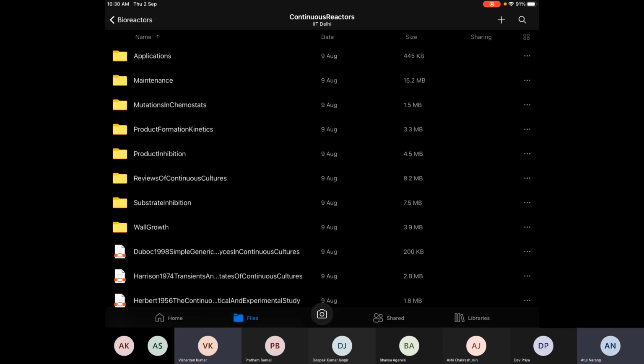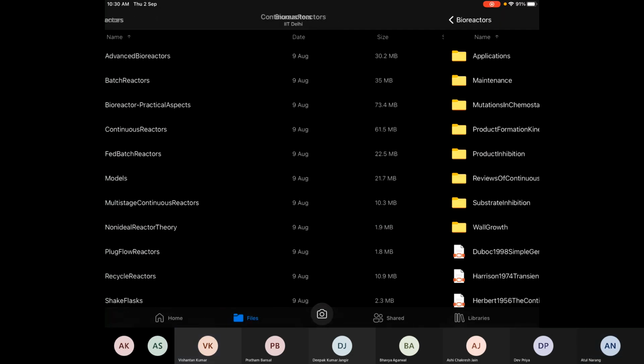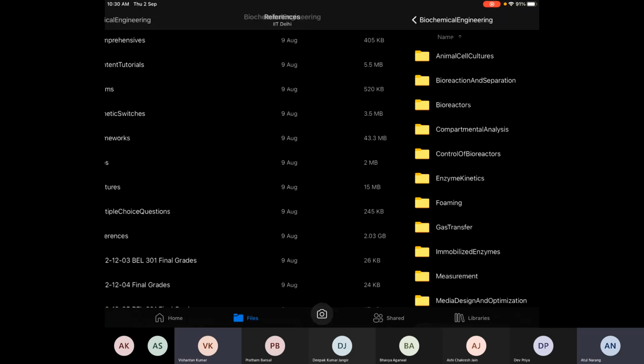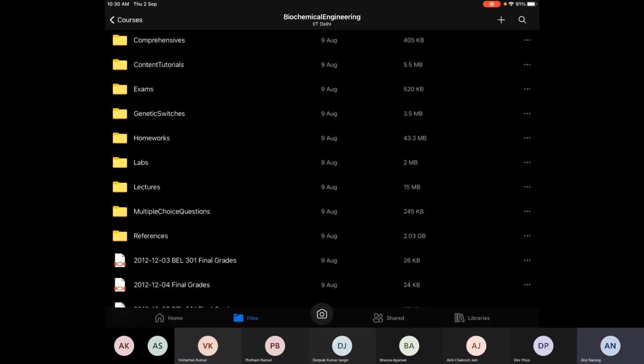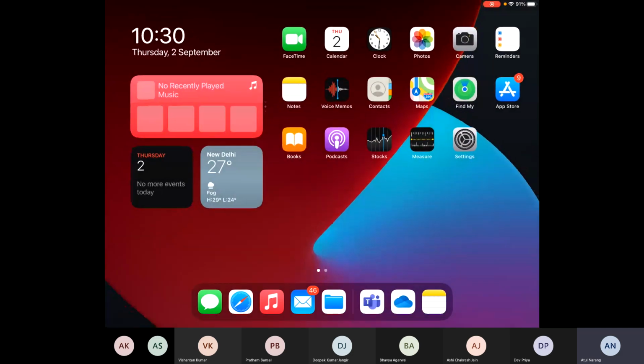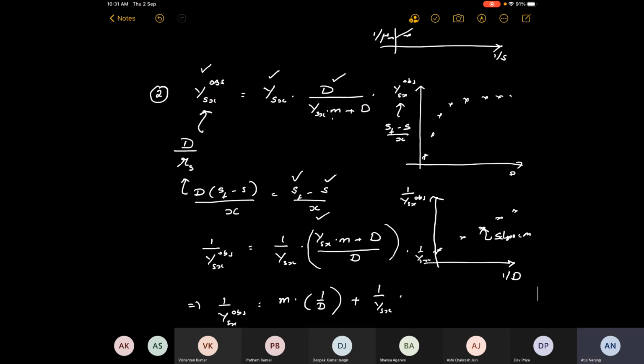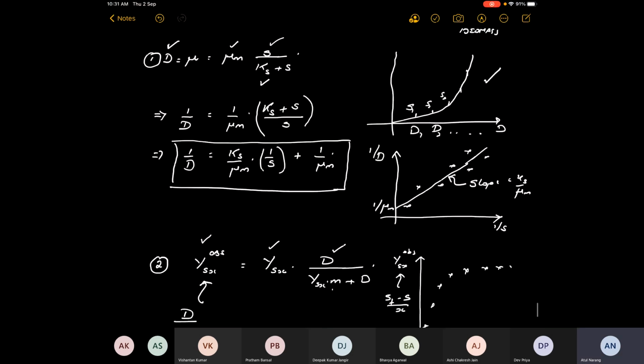Okay, I have 2 points to mention about this. This model fits the data quite well, as I just showed you in the papers.